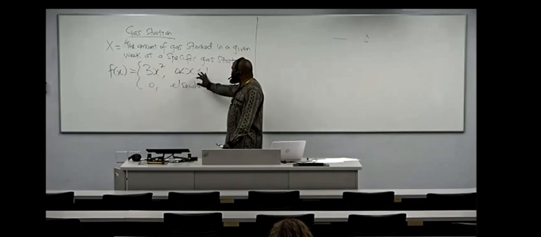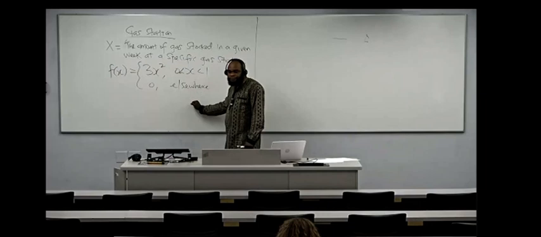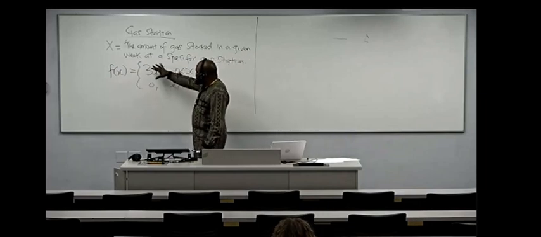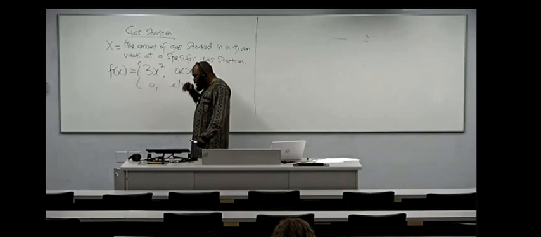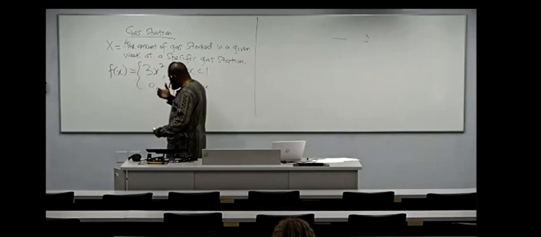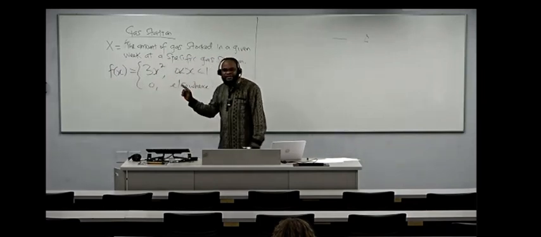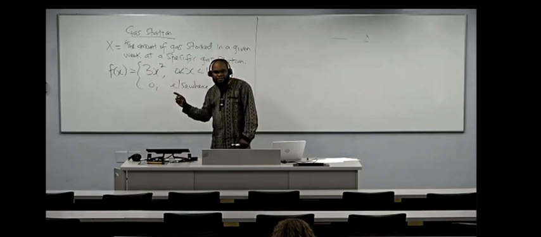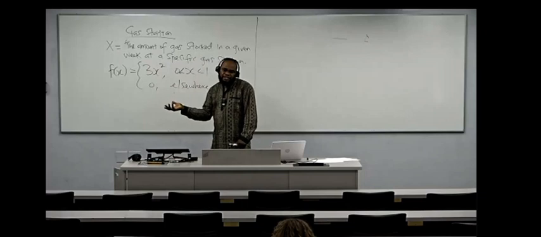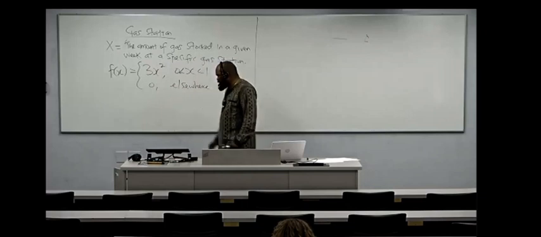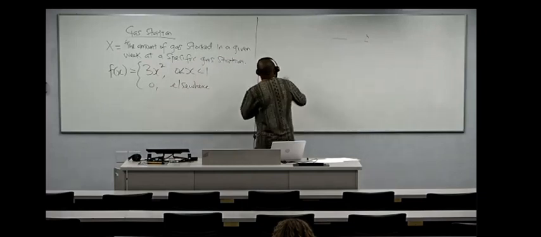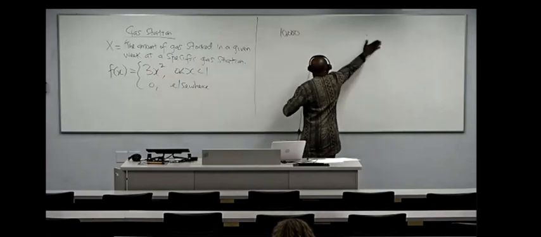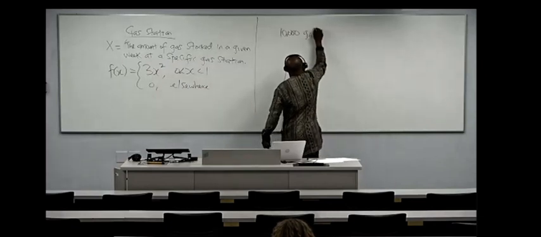So this is the random variable X. Now, let's say the storage capacity of this particular gas station, which could be Holiday or Speedway and so on, is maybe 10,000 gallons.